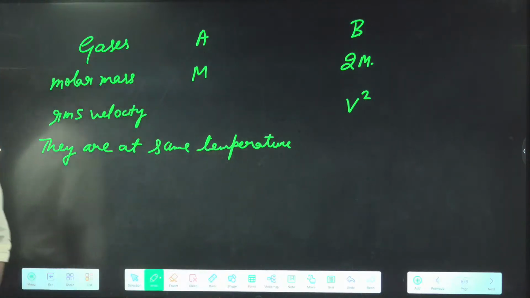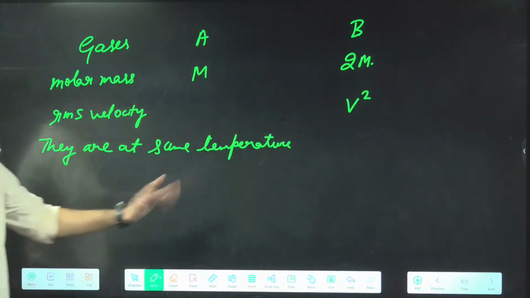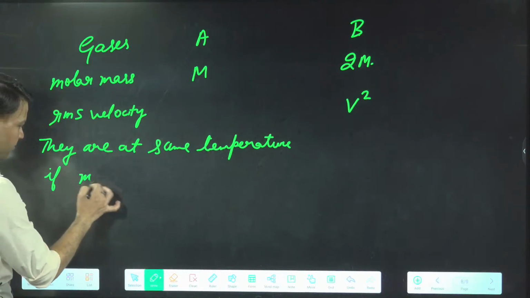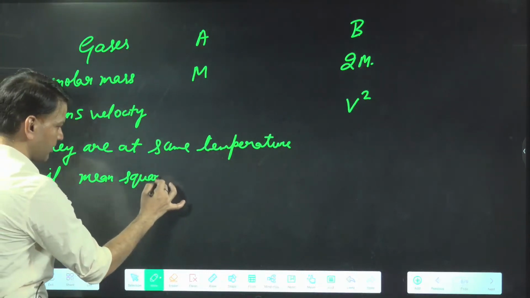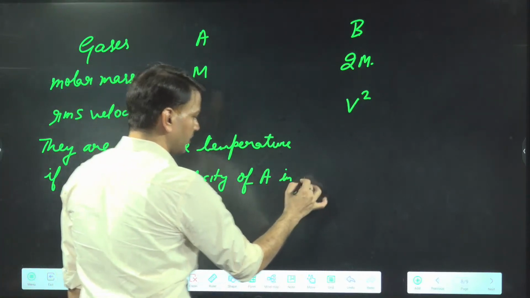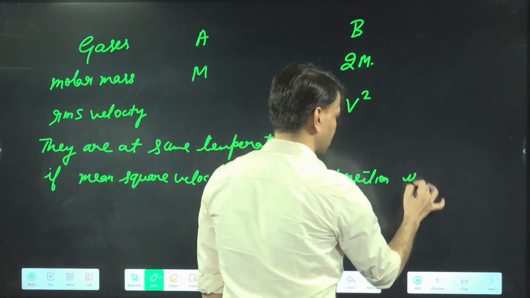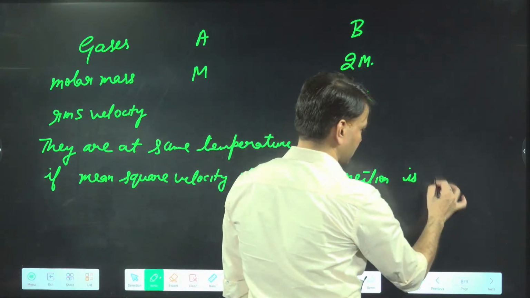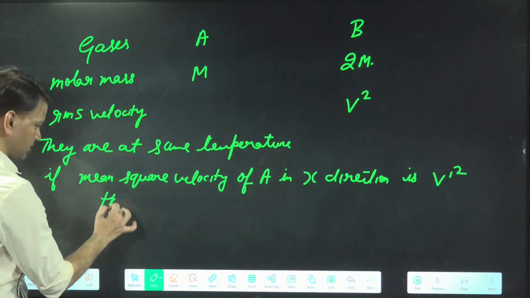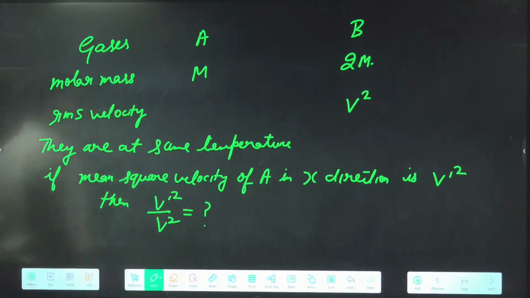So we have two gases A and B. Molar mass of the gases are m and 2m, and the mean square velocity of B I have given V square. If the mean square velocity of A in x direction is V dash square, then find V dash square upon V square.